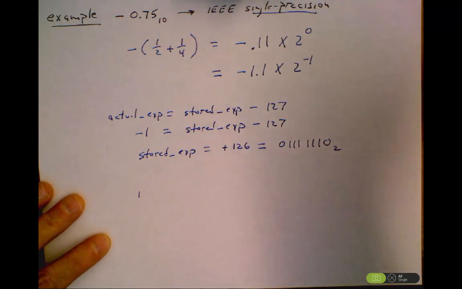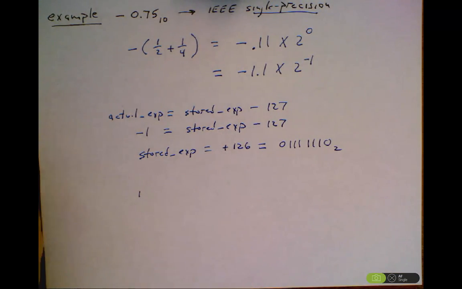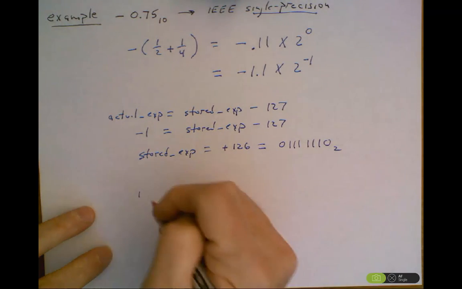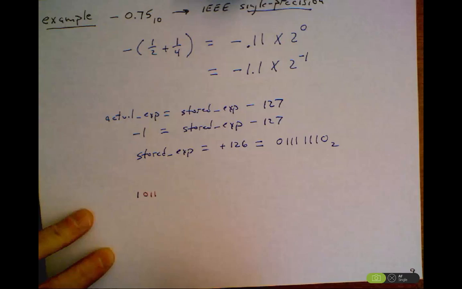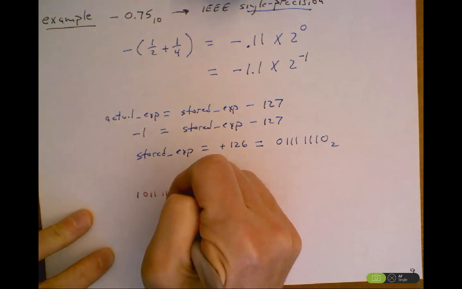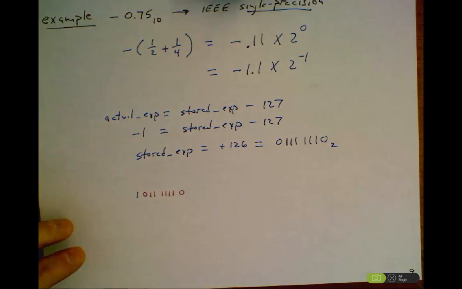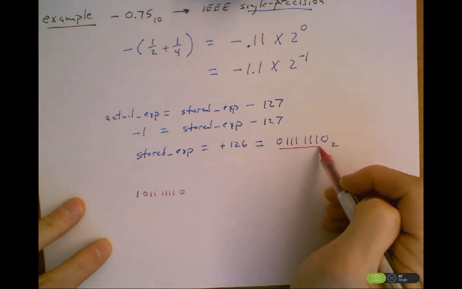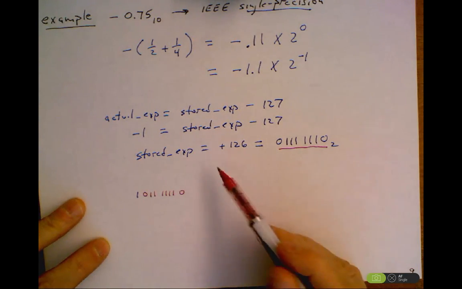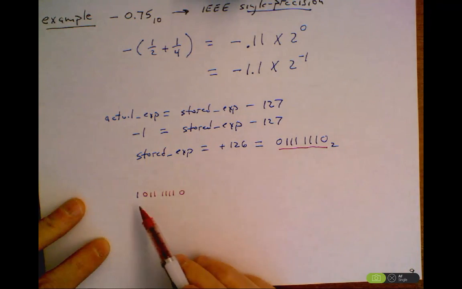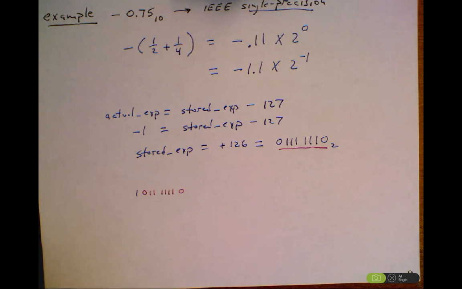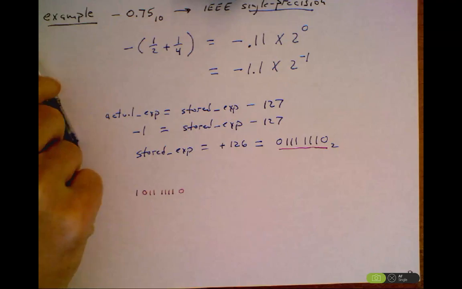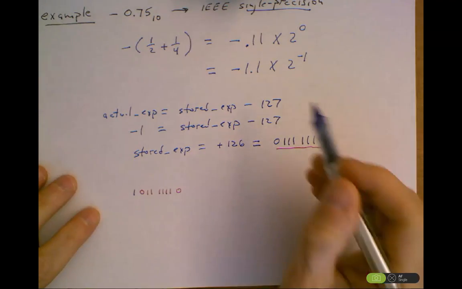Okay, so let me use another color here to write the exponent in. The exponent goes in the next 8 positions. I just copied the stored exponent that I computed, 126 in binary, over into the next 8 positions. And then the significand needs to come in. The significand we have up here.